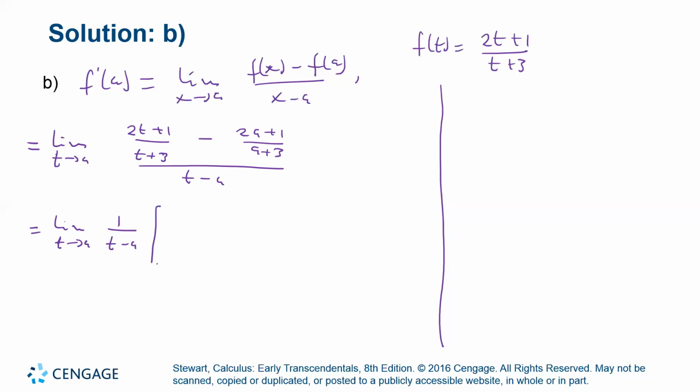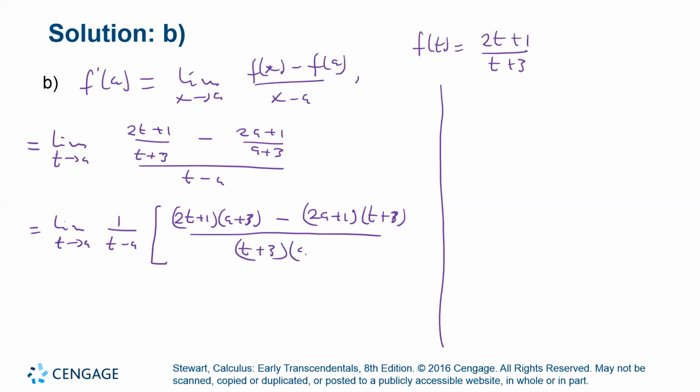So let's put these guys together. All right. So let's simplify the numerator, which is going to be (2t plus 1) times (a plus 3), minus (2a plus 1) times (t plus 3), all divided by (t plus 3) times (a plus 3), like that.